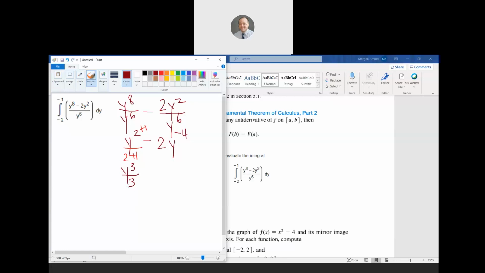The second term, you still add 1 to the original exponent, and you still divide your term or integral now by the new exponent. So that would be negative 2y to the negative 3 power, all over negative 3.